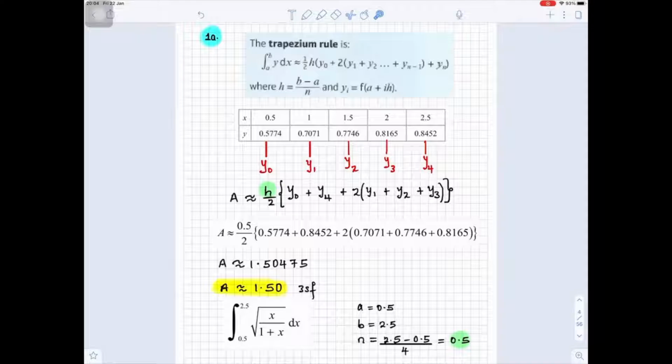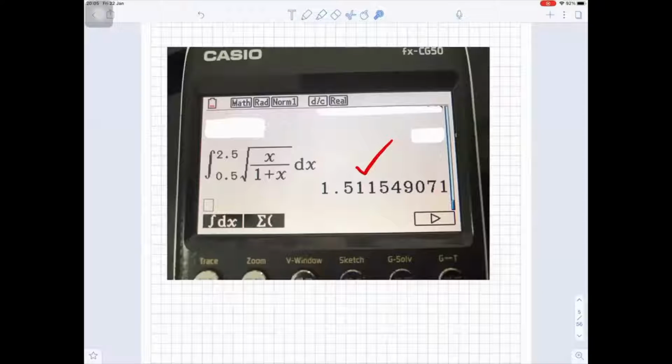And when you put h is 0.5 and you sub in the values for y0, y4, y1, y2, y3, it will give you the area is approximately 1.50475. And to 3 significant figures, it will be 1.50. And if you put that in your calculator using the integral, you will get 1.51154. So the answer is slightly different.